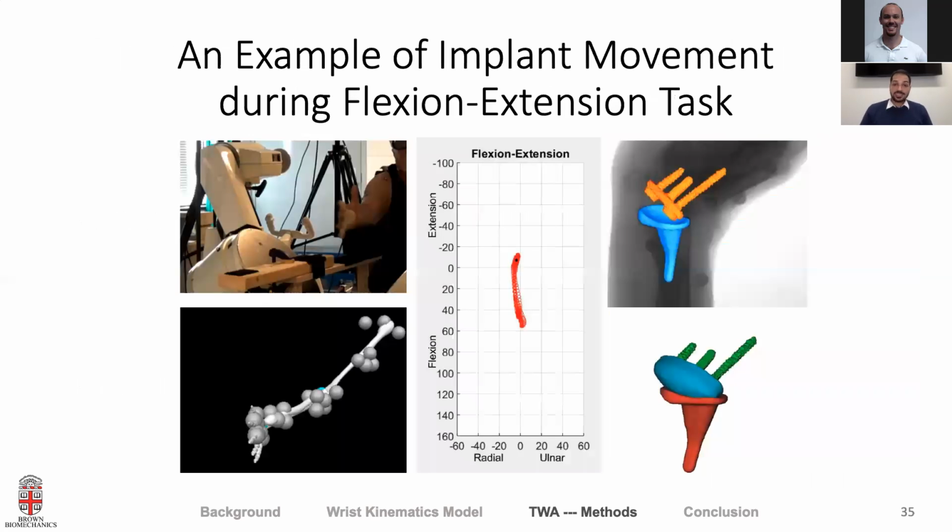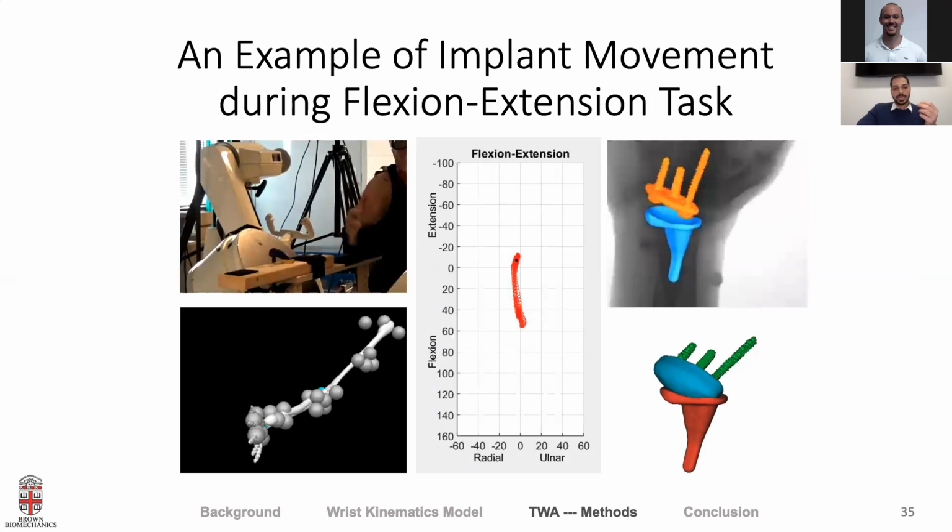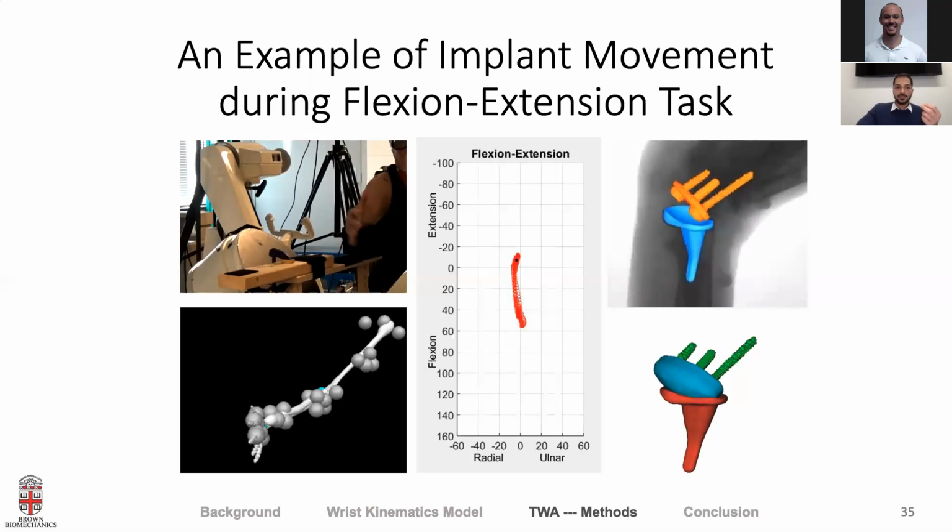So let's look at an example of some data that is acquired based on this method. In the top left, you see one of our subjects moving his wrist in flexion extension within the field of view. On the top right, you see the implants tracked or matched in the video radiograph.